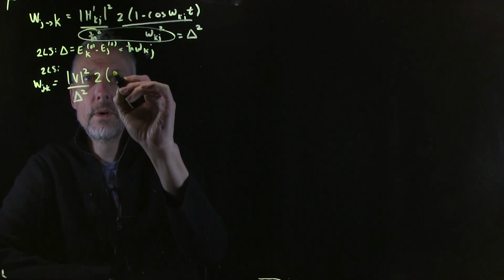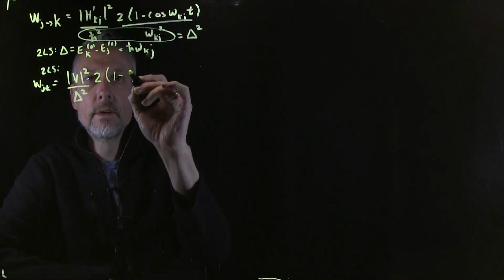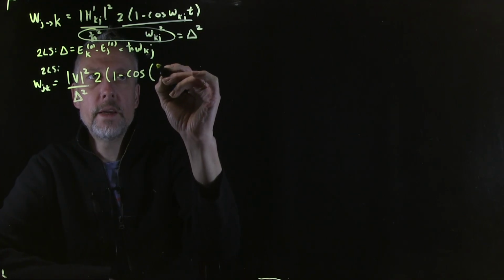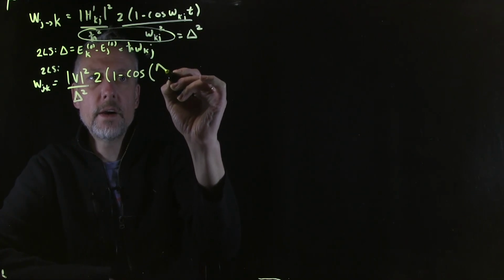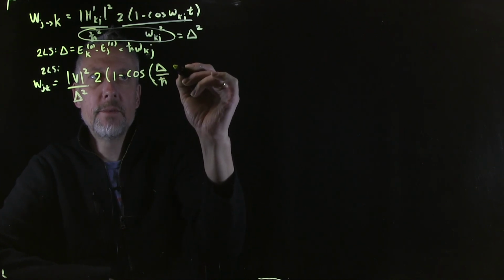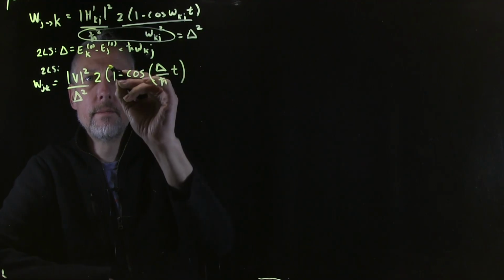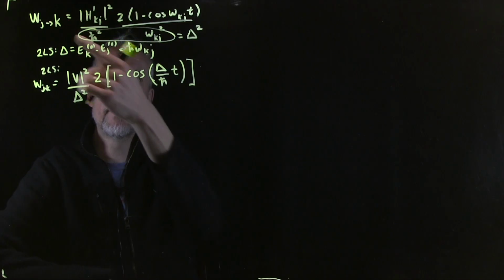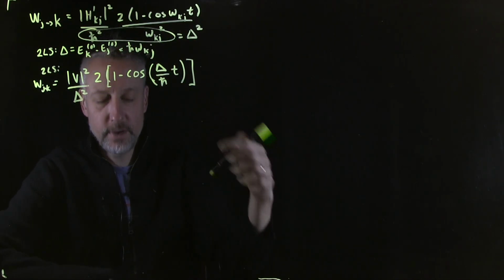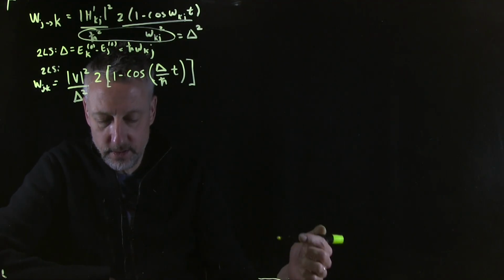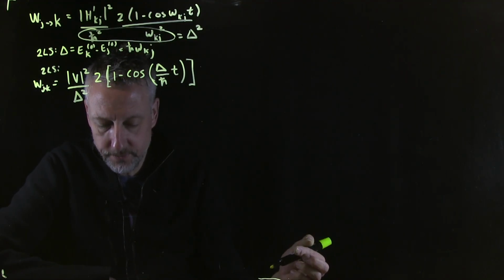So we can do 1 minus cosine, and this is going to be delta divided by h bar times t. Right? I'm just converting this equation back into the notation that we used for solving the two-level system, but exactly.